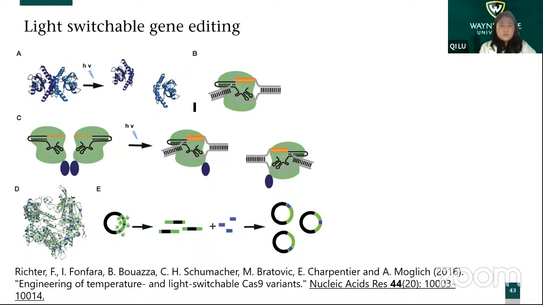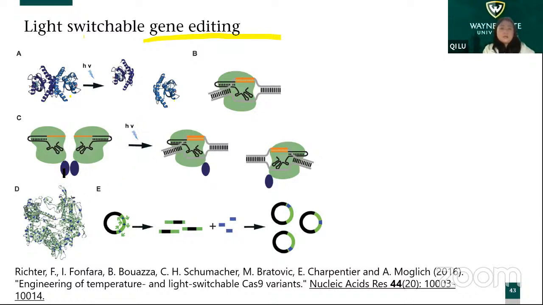Another group thought about how to do gene editing controlled by light. Here, using the light causes these two parts to not be dimerized, so they separate.